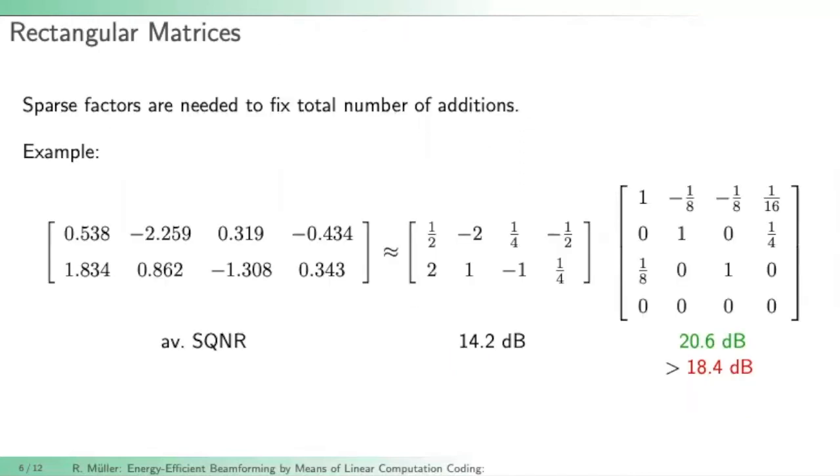Now, in digital beamforming, matrices are typically rectangular, and you cannot multiply rectangular matrices of the same size. So here we have to resort to a trick. We multiply factors on the right, which are square, but those factors are sufficiently sparse such that the overall number of additions stays constant.